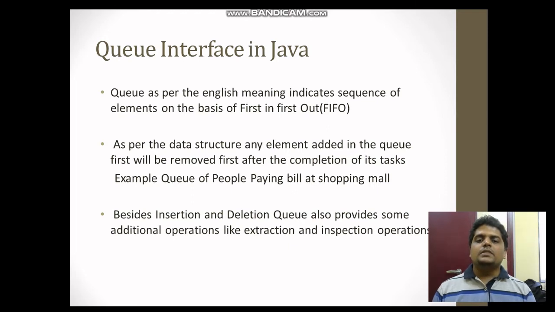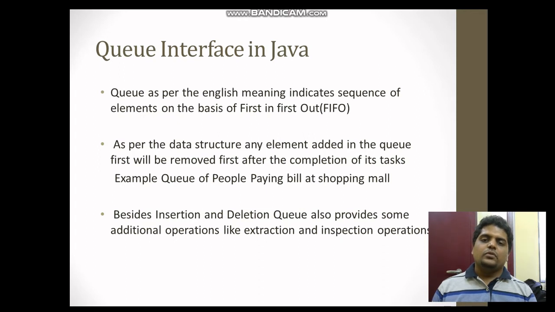Let's move further. After that, we have the Queue interface in Java. Queue, as per the English meaning, indicates a sequence of elements on the basis of first in, first out. As per the data structure, any element added in the queue first will be removed after the completion of its task. Example: a queue of people paying a bill at the shopping mall. Besides insertion and deletion, queue also provides some additional operations like extraction and inspection operations.